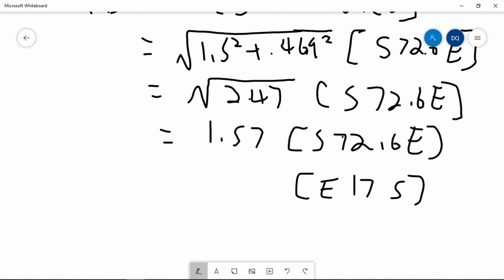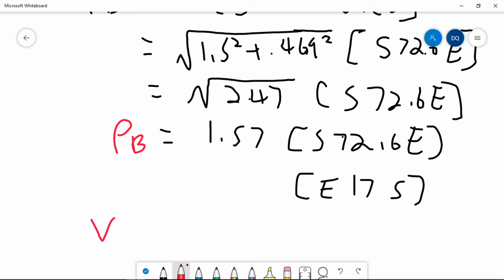Now keep in mind, I found the momentum. This is the momentum of ball B, not the velocity. That's the momentum of ball B. So to find the velocity is momentum divided by mass. So I'm going to take my 1.57 kilogram meters per second and divide that by the mass of ball B, which was 0.45.